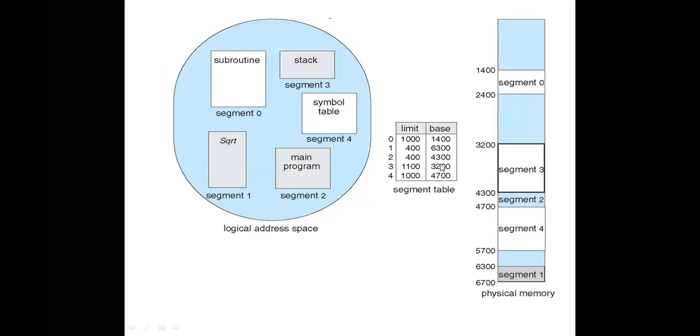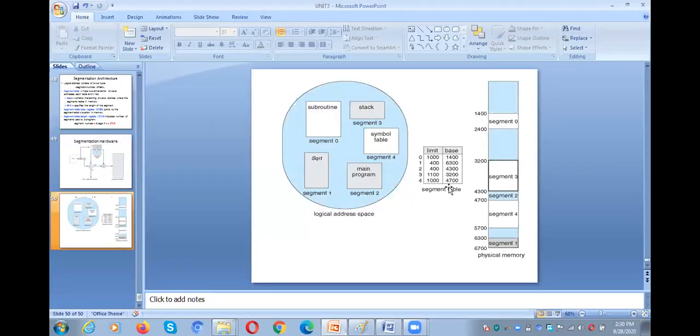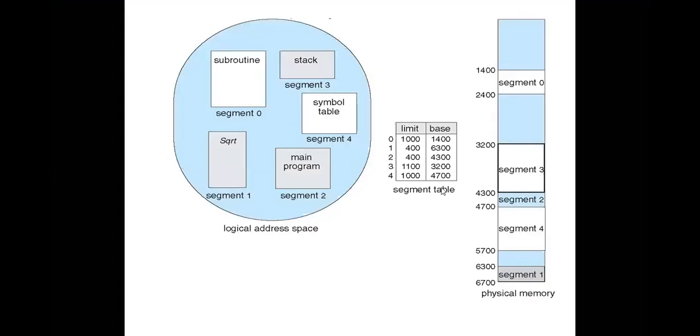Because 3200 plus 1100 equals 4300. And next, segment 4 starts at 4700 and ends at 5700, because base address 4700 plus 1000 is 5700. Like that, each segment is in the main memory.